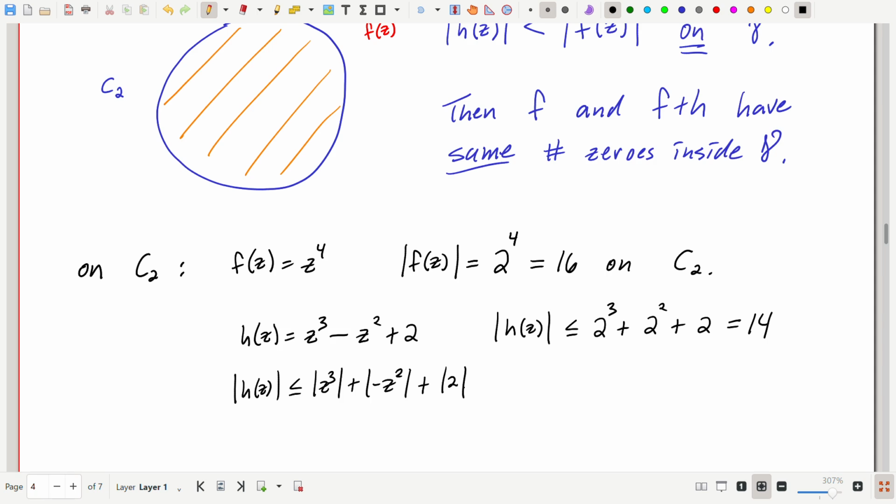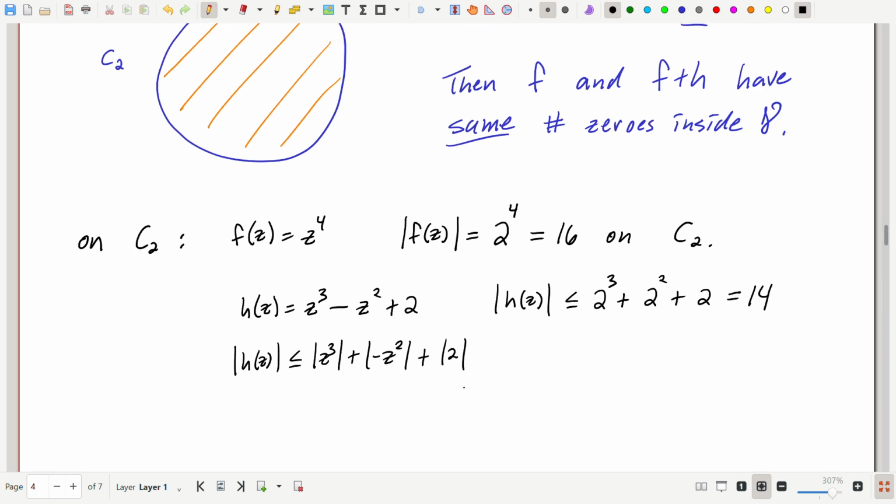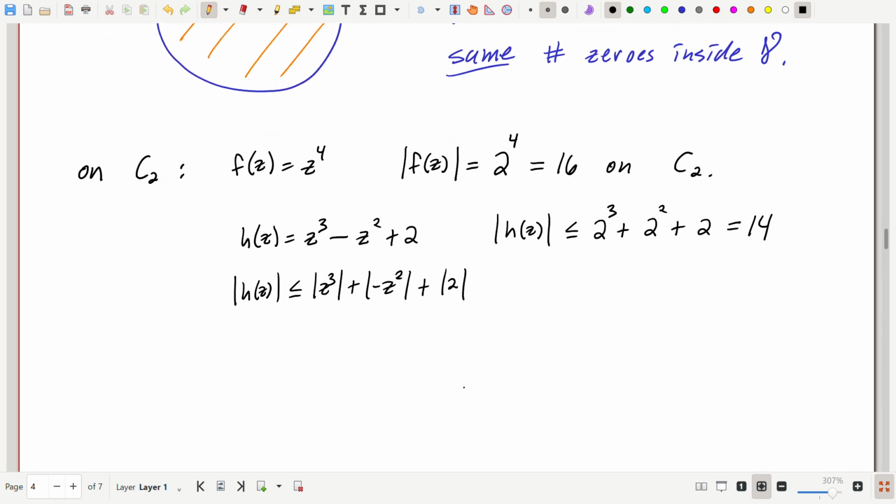Yeah, careful about that. And so I get the Rouché inequality that h of z is less than f of z. It's important. It's got to be strictly less than the other one.